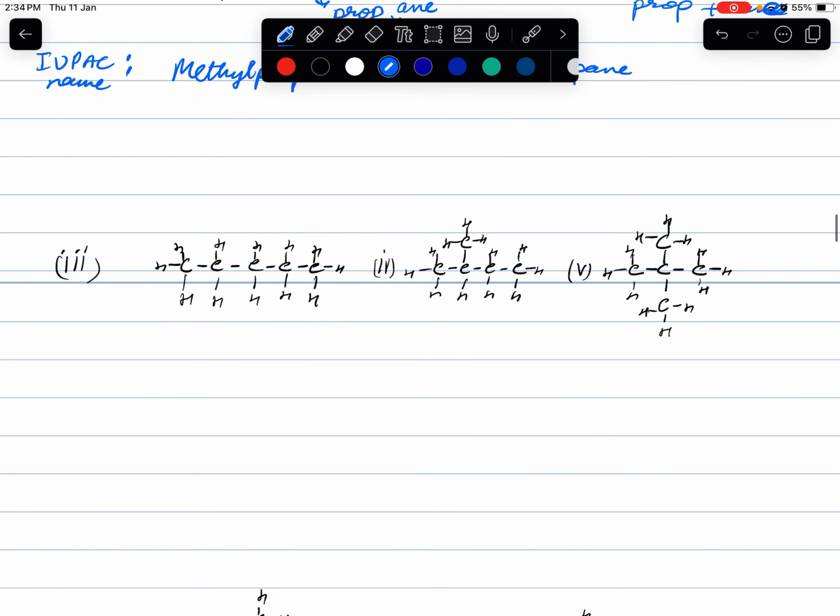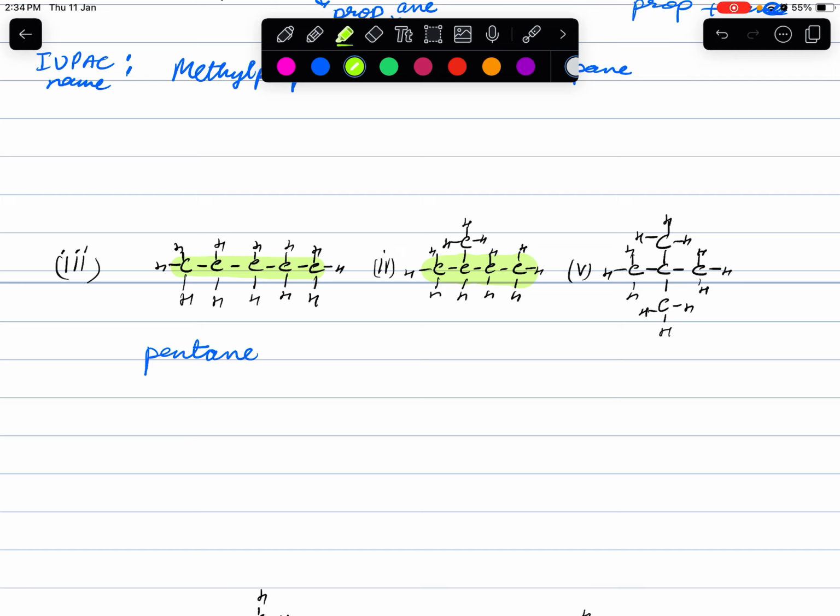Next, in this case, again, the 5 carbon are arranged in a straight continuous chain. So this compound is named pentane.